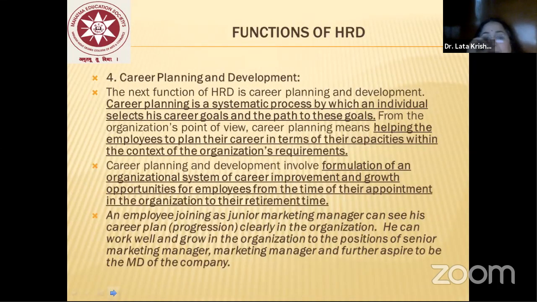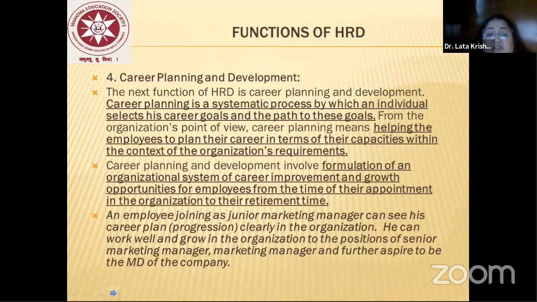Career planning and development. So human resource development has to perform the function of career planning and development. In our meaning of human resource development, we said that people should grow with their business organization. People should enter your company and they should be happy with your company. When are they happy?